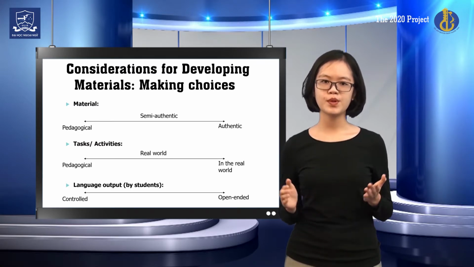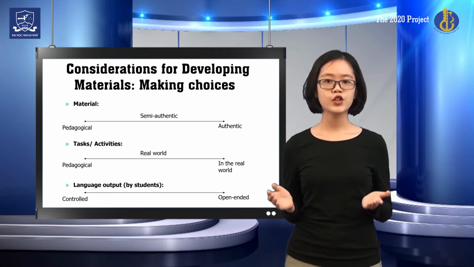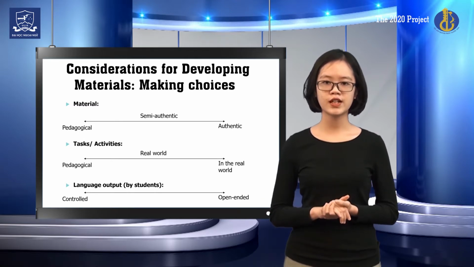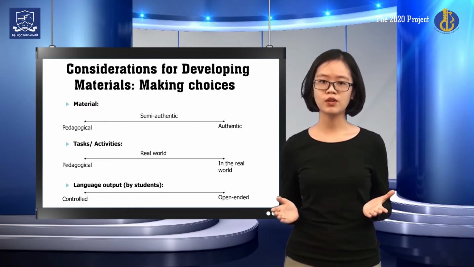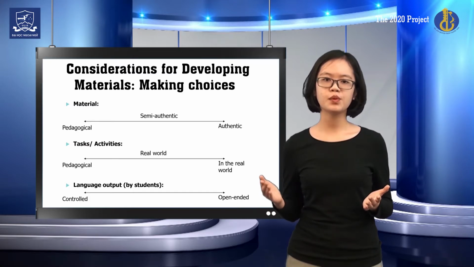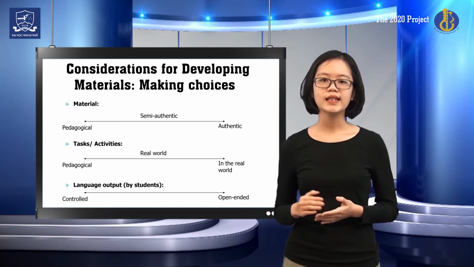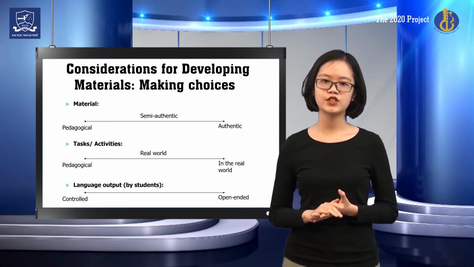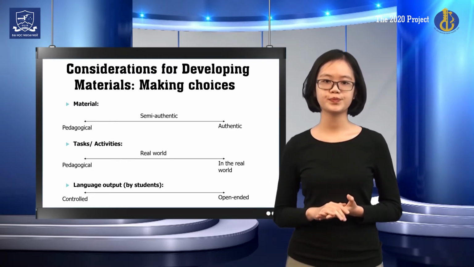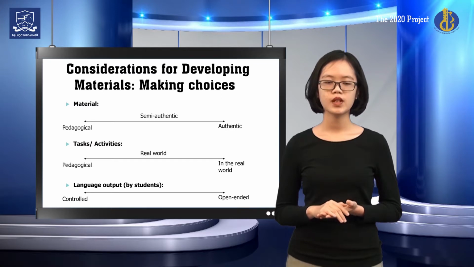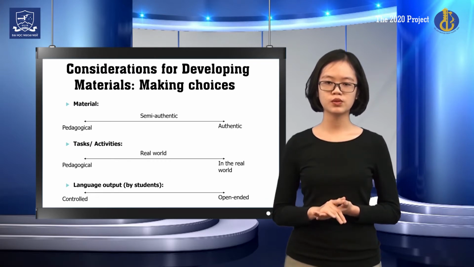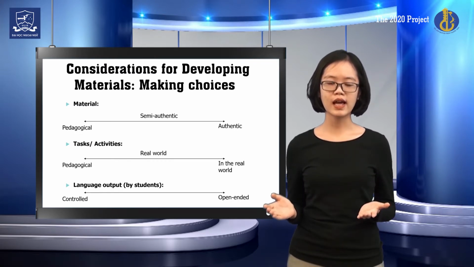Should a task be purely pedagogical, or should it resemble real-world conversation? Or if possible, should it actually happen in real life? Answering the questions, we can decide the types of activities to be used in our course. We also need to pay attention to the language output, like whether it should be controlled response or open-ended output.